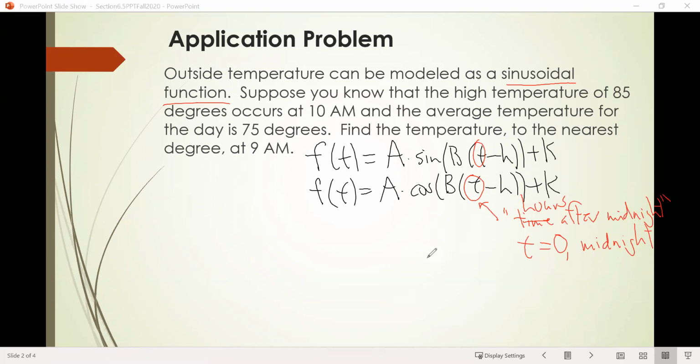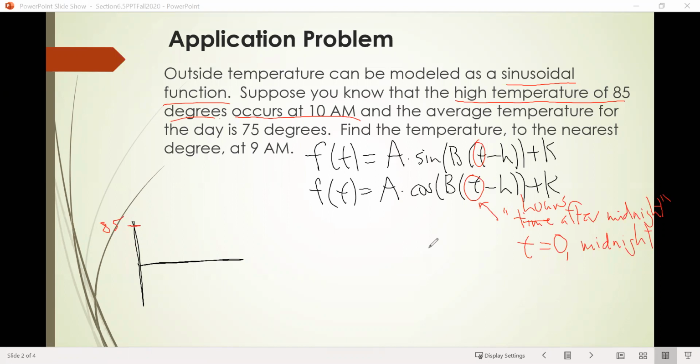All right, the next thing I'm going to do to help us with this is draw a graph that's going to be our diagram to help us figure out what's going on. Let's look at the information we're given in the problem. We're told that the high temperature is 85 degrees, and that occurs at 10 a.m. So on the graph, our highest point is 85.